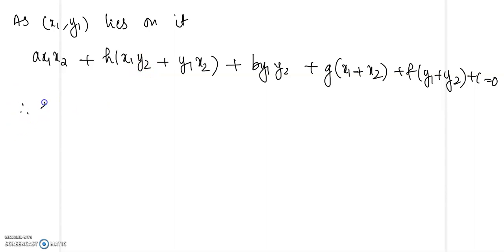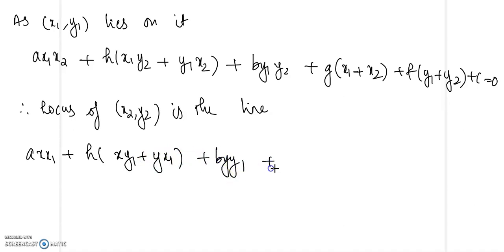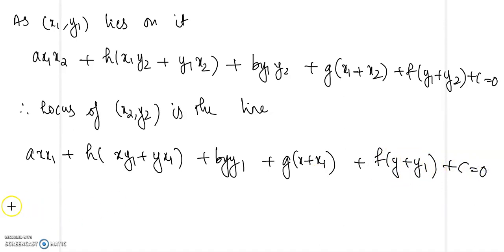So therefore the locus of x2, y2 is the line a x x1 plus h x y1 plus y x1 plus b y y1 plus g x plus x1 plus f y plus y1 plus c equal to 0.